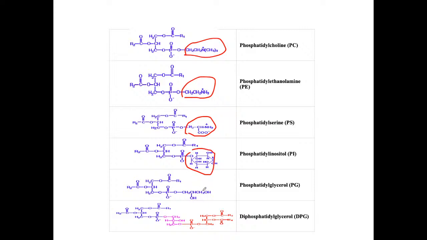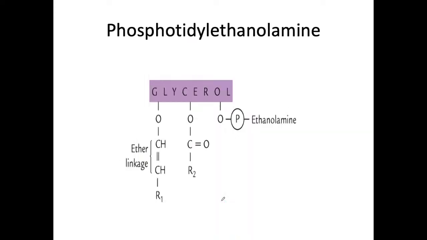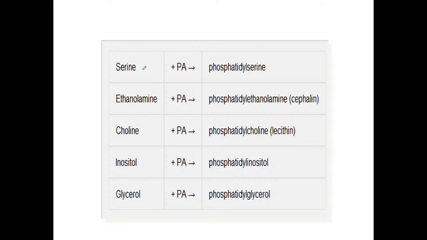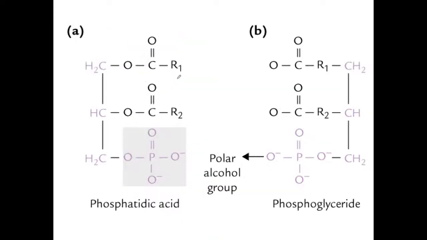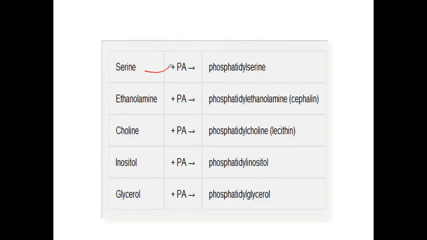This is glycerol. This is diglycerol, so there is one glycerol here, then again a phosphate group, so it is double chained. As we know, these groups attached to phosphoric acid give phosphatidylserine, cephalin, lecithin, inositol, glycerol, and so on.